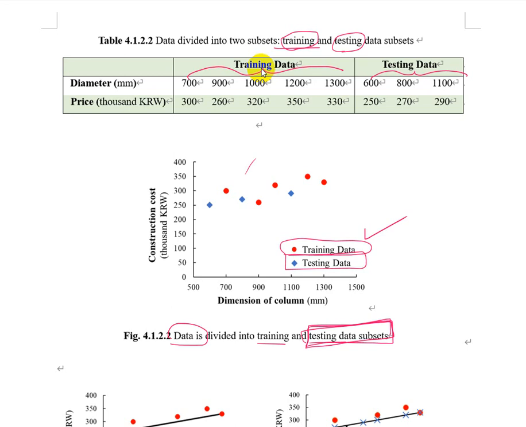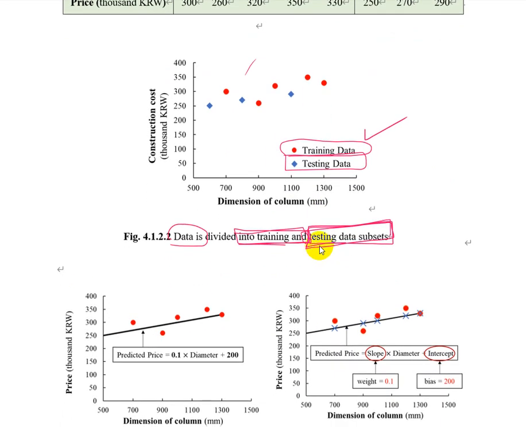The neural network only sees the training data to be able to find out the input-output relationships, just by mapping inputs to outputs. This is what we're going to do.